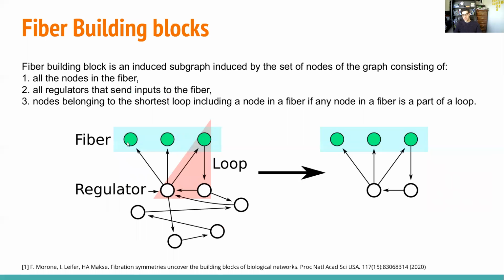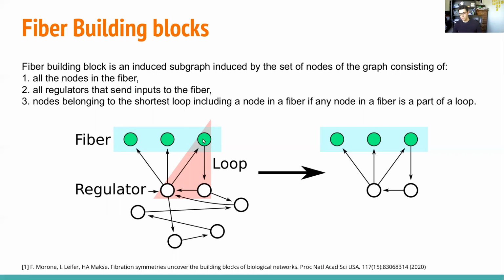We can find a block that corresponds to this specific fiber. A fiber building block is an induced subgraph that consists of all the nodes in the fiber, so all the green nodes here, all the regulators that send input to the fiber, so this one regulator here, and all the nodes that belong to the shortest loop, including a node in the fiber, if a node in the fiber is a part of the loop.